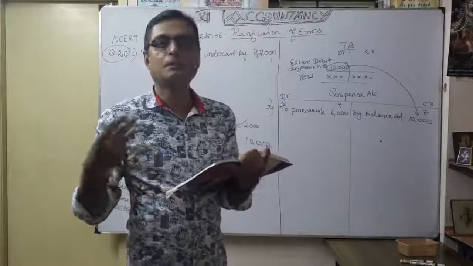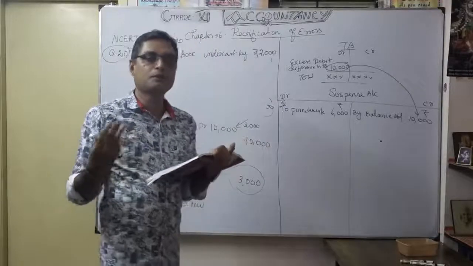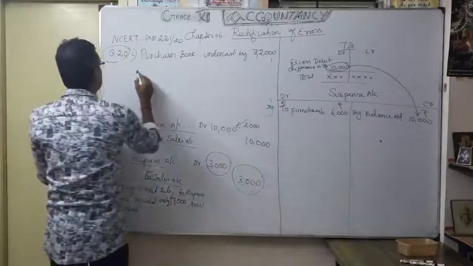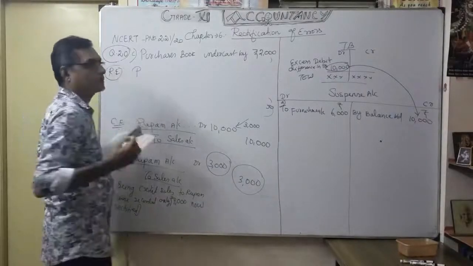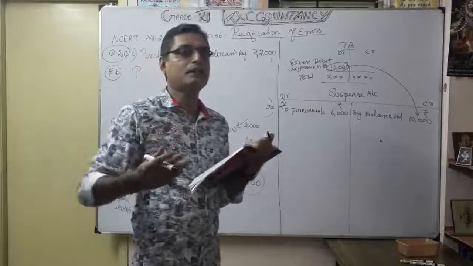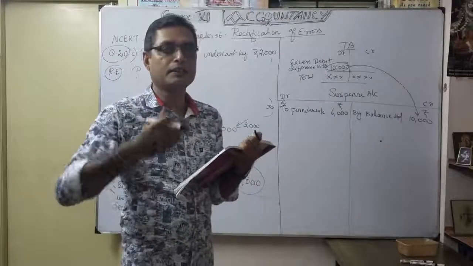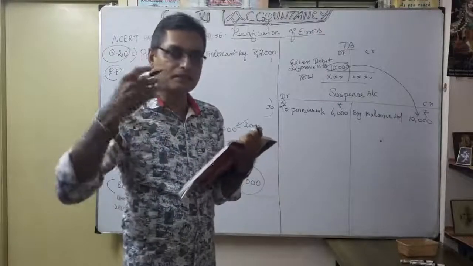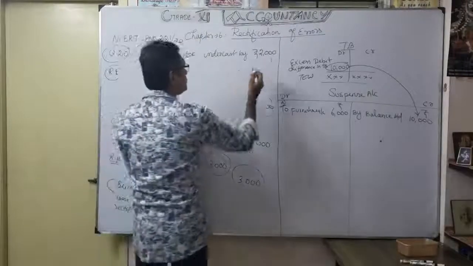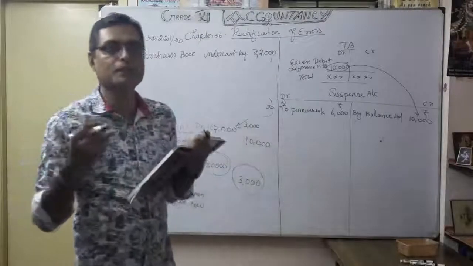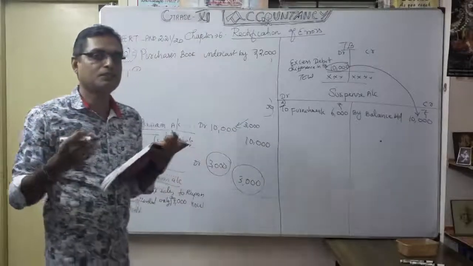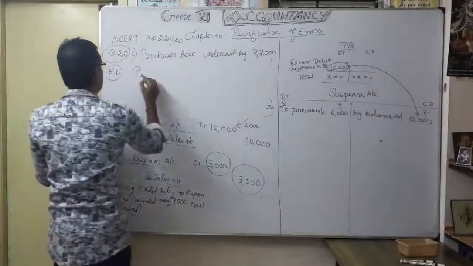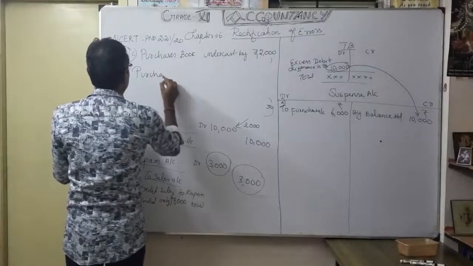Usually purchase account naturally will come on the debit side. So that's the rectification entry directly. Here no question of correct entry, wrong entry. So what happened? Whatever the purchase account they gave under cast, their value is reduced by 2,000. So we want to give further debit. So under cast means we want to give the same purchase account further debit. As a purchase account debit side, isn't it?